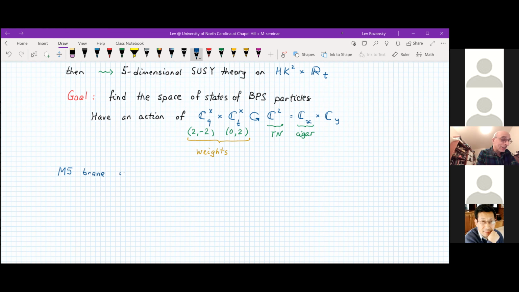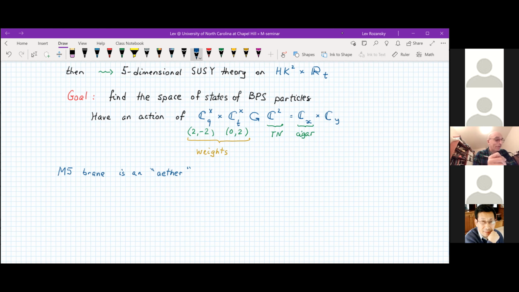I'll say it is an ether. What do you spell ether? That's the medium whose vibrations generate elementary particles. So you place M5 branes.